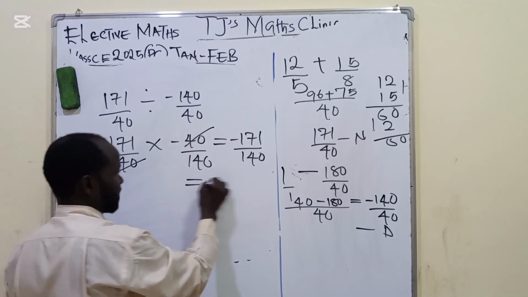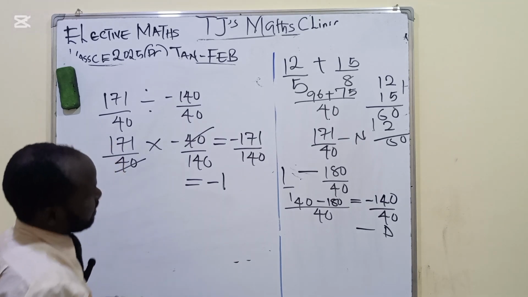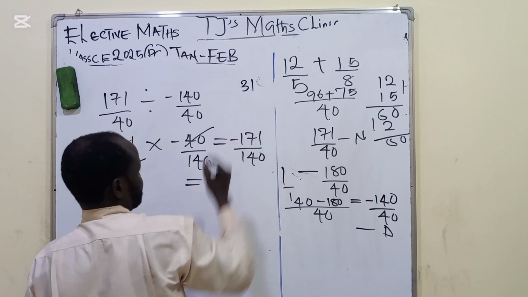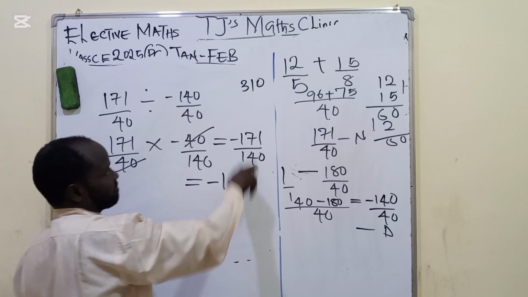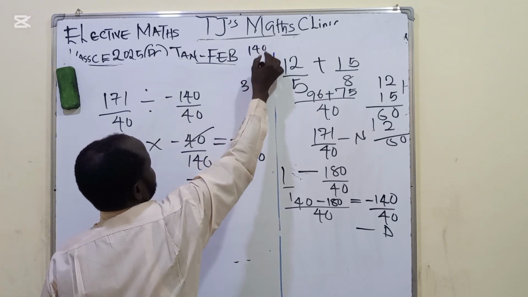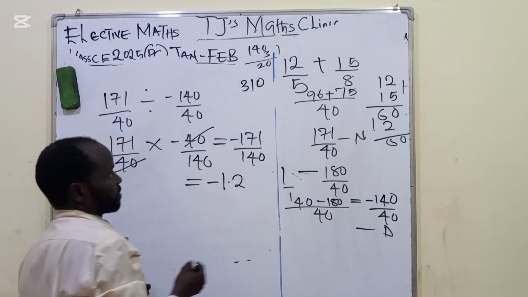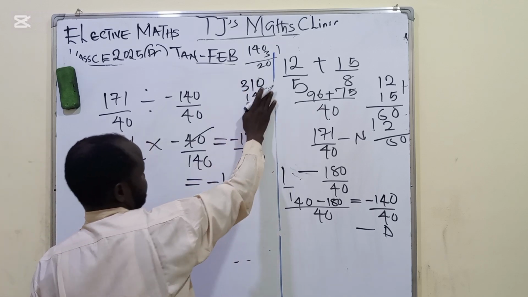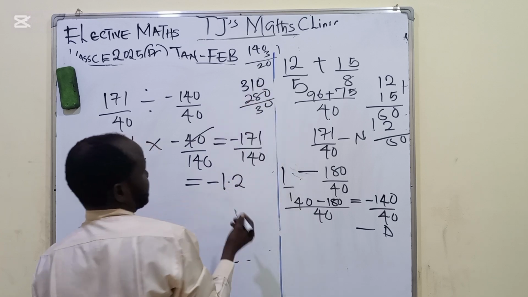Very important. This will be minus, we can say 140 into 171 enters 1, remainder 31. Remainder 31 point. We add 0 to this 31, that will be 310. How many 140 will you find in 310? Let's check 3. 140 times 3 is too much, so it's 2. That's 280. Let's subtract, remainder 30.